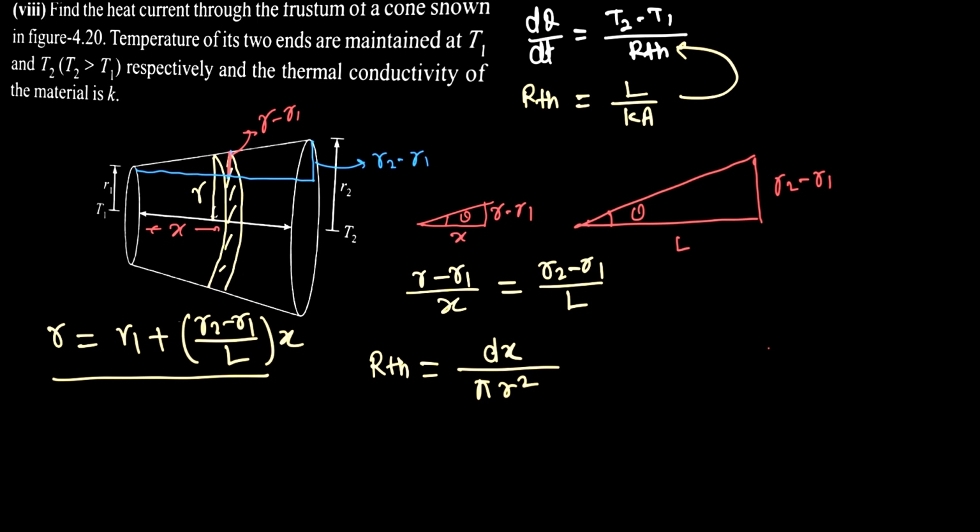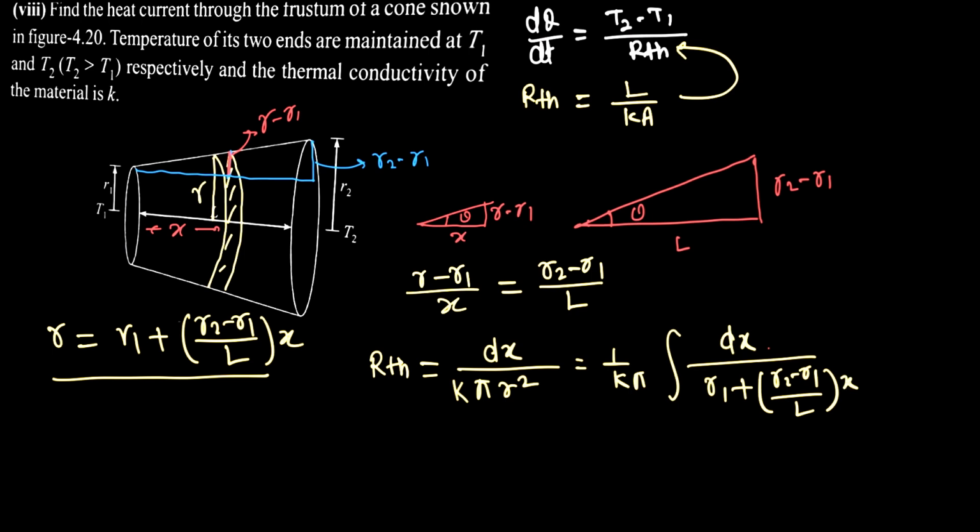Now I substitute the value of r, and k is already there, so I can write 1 by k into pi integration of dx divided by (r1 plus (r2 minus r1) divided by L into x) squared.